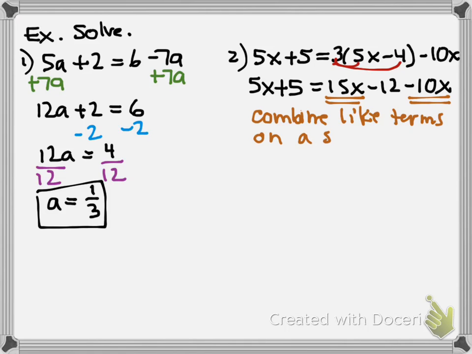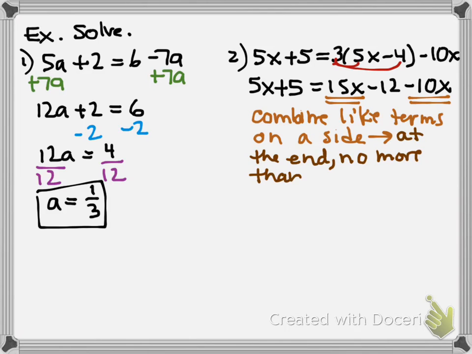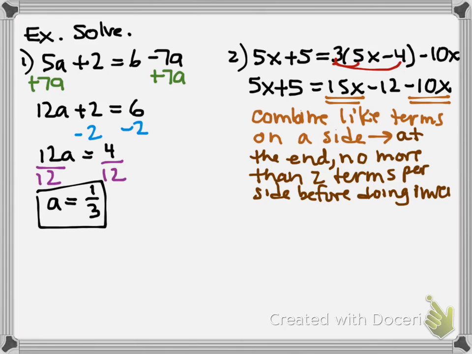So a step we may need to add is to combine like terms on a side. And I'm going to tell you a little hint: at the end, no more than 2 terms per side before doing inverse operations.